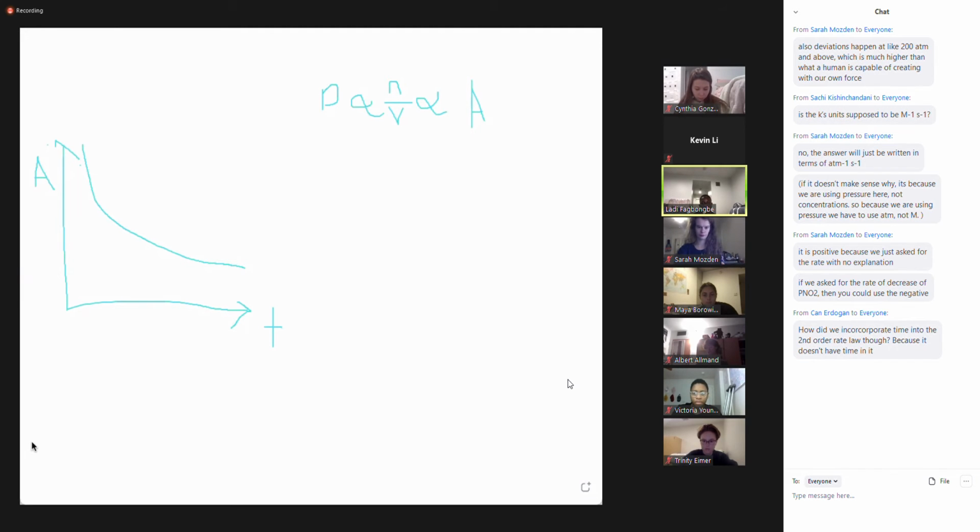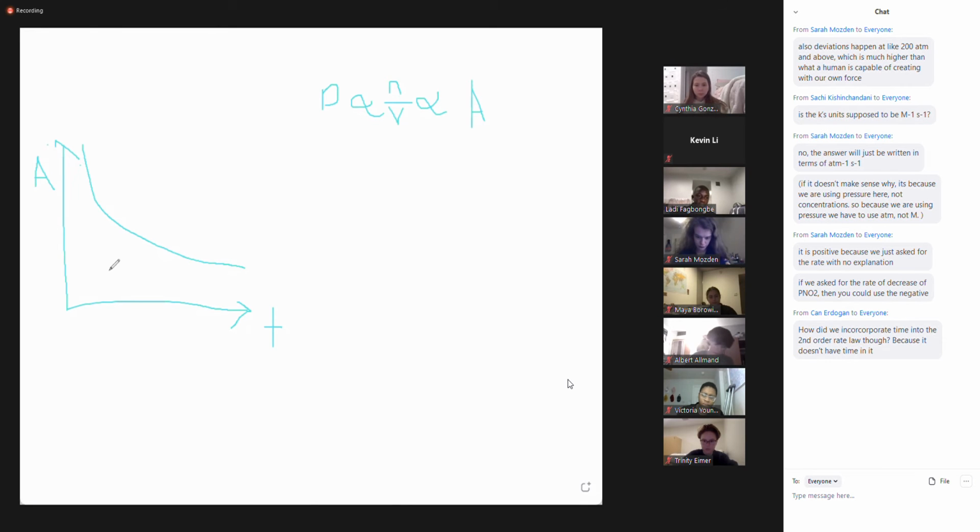Yeah, Nikita. Could you go over what absorbance is? Okay, so for absorbance, if you have a spectrophotometer, you shine light through a sample and then you measure how much light is absorbed.